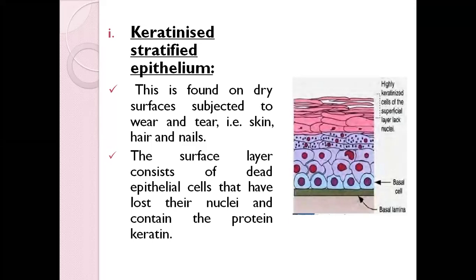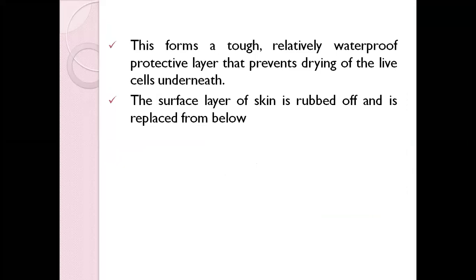This is the main reason. The surface layer consists of dead epithelial cells that have lost their nuclei and contain the protein keratin. You can see this in the diagram of keratinized stratified epithelium. The more the cells grow, the more layered they become, and at the surface layer they become very flat and are shed off, and the nuclei are lost.